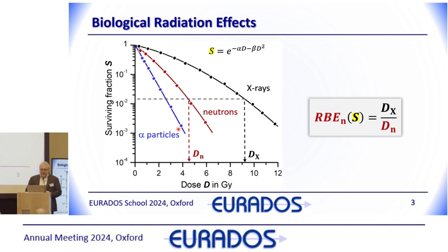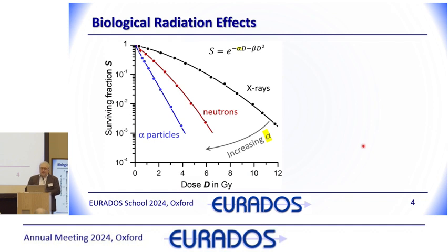If we compare the dose that we need with a given reference quality to the dose of the radiation quality we are interested in, we can define something like a relative biological effectiveness, which always refers to a certain type of radiation and to a certain biological endpoint.